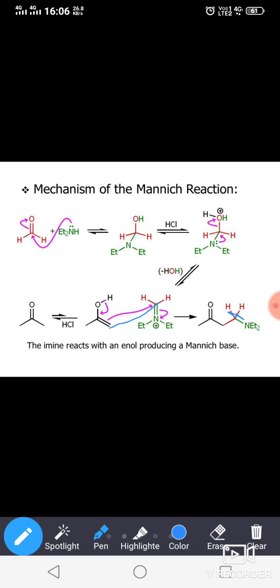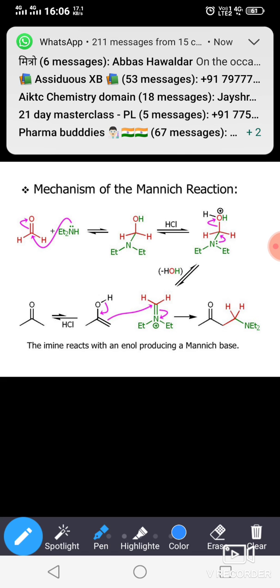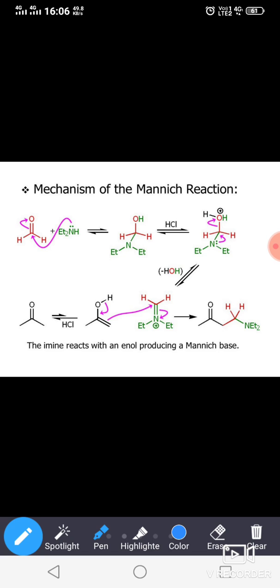So now you have the bond over here, and you have the diethyl amino part. Okay, so this is how you will get the beta amino carbonyl compound by using the Mannich reaction concept. Okay, so I am again explaining this mechanism.